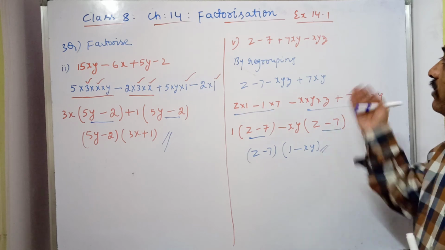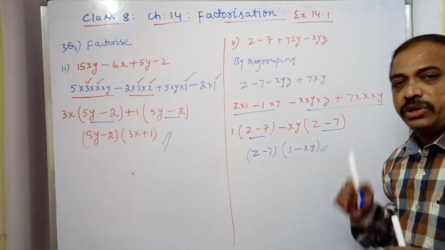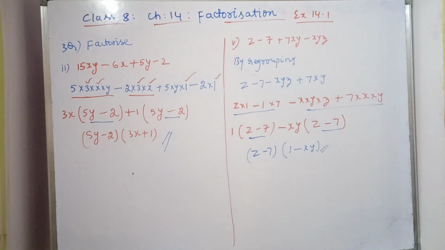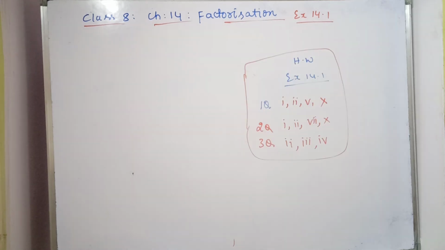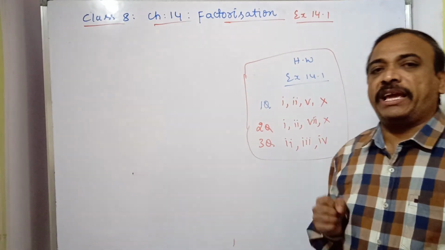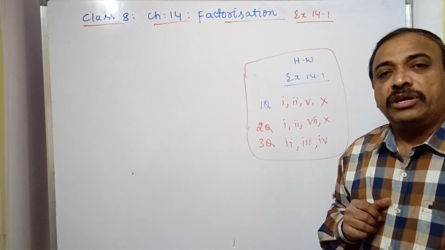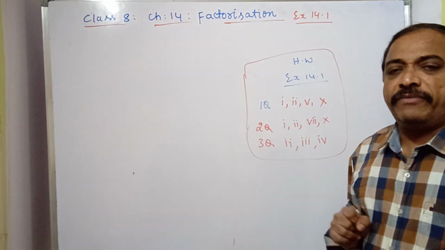If it is necessary, we need to regroup; if not, we can do it directly. I hope you understood. I hope it is clear how to factorize algebraic expressions, and the difference between natural number factorization and algebraic factorization.